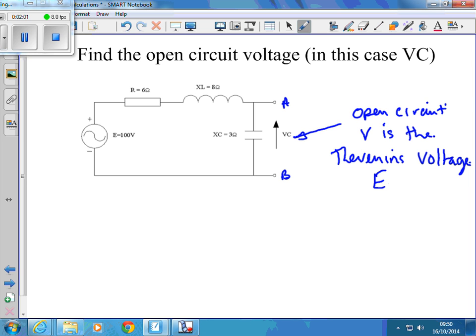I'm going to call it E Thevenin in this case, E little t.